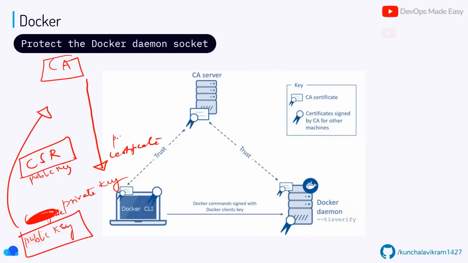The certificate will have your public key, but it is now signed by a trusted organization. Similarly, you'll have a certificate and key for the Docker client, and a certificate and key for the Docker server. Both are certified by the CA.